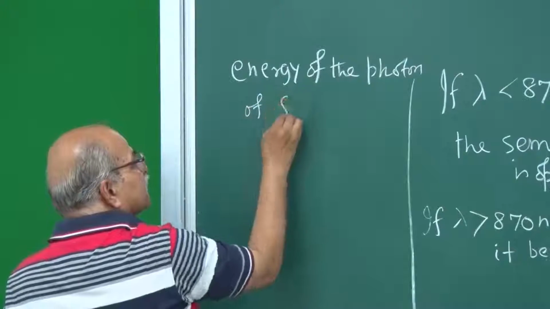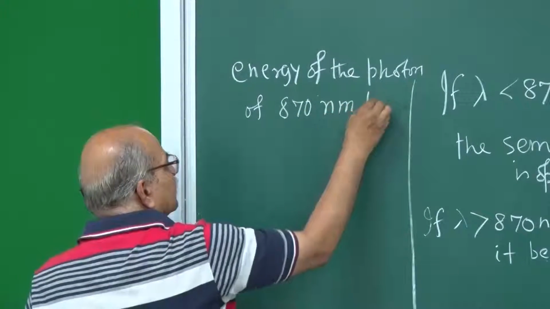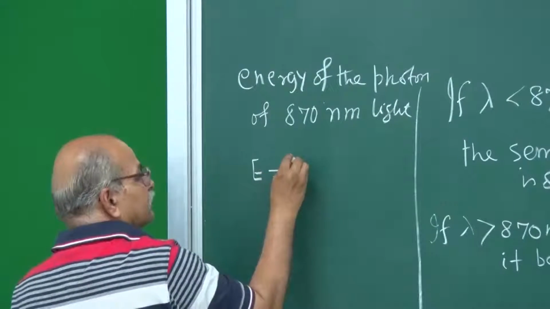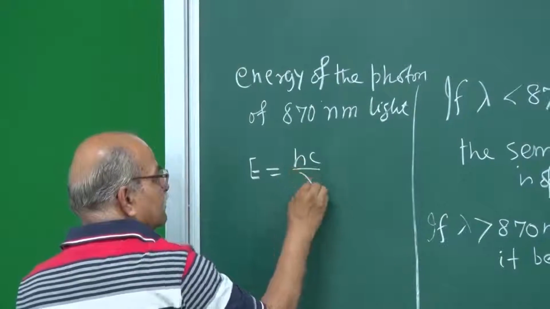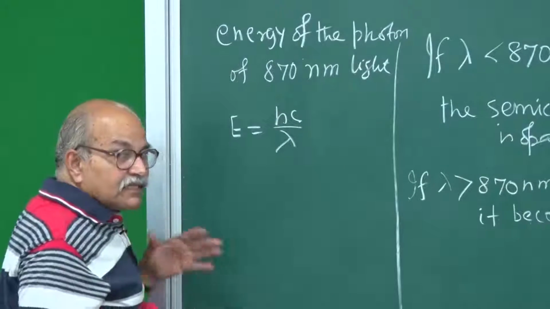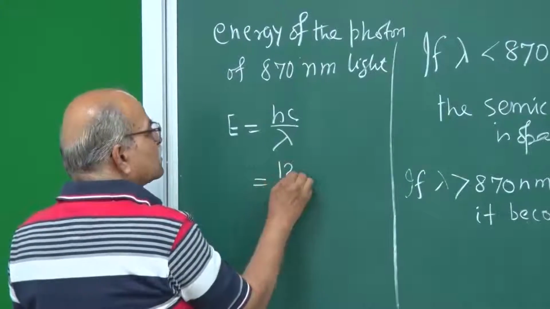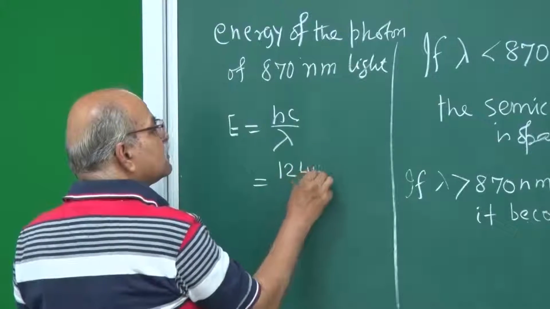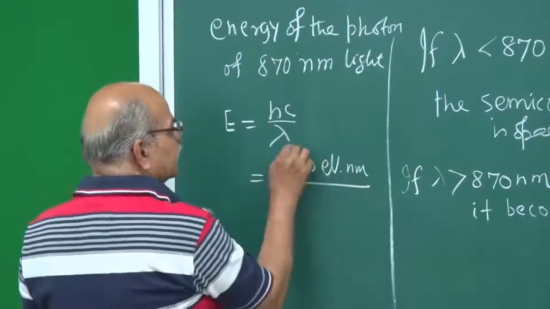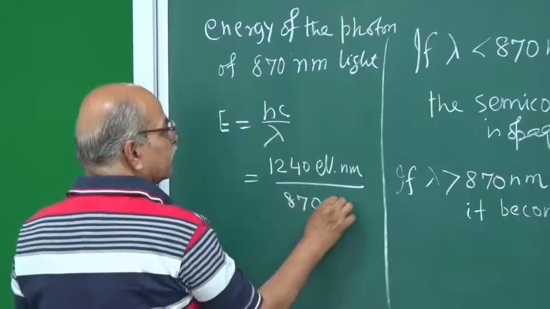So, the energy of 870 nanometer light, you can calculate, it is hc over lambda, where h is Planck's constant and c is the speed of light. You can multiply them, and that turns out to be almost 1240 eV nm, and this lambda is 870 nm.